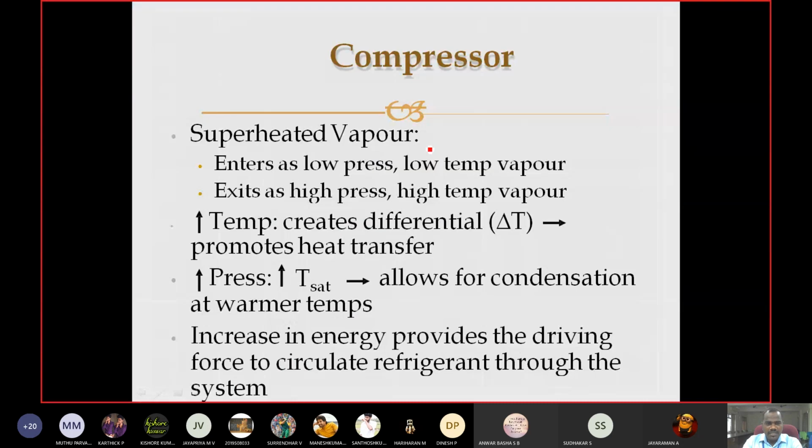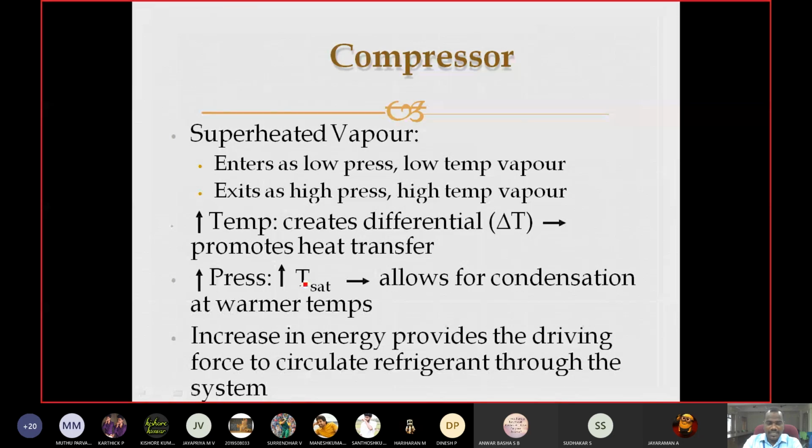Then we have the compressor. The superheated vapor enters as a low pressure, low temperature vapor and exits as a high pressure, high temperature vapor. This increased temperature creates a temperature differential that will promote the heat transfer. Also there is increased pressure, so that will increase the saturation temperature of the refrigerant, which allows condensation at a warmer temperature.